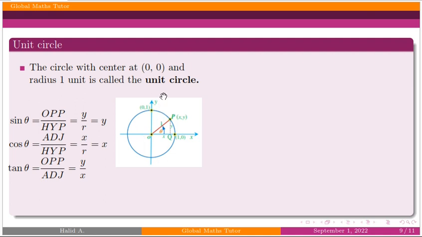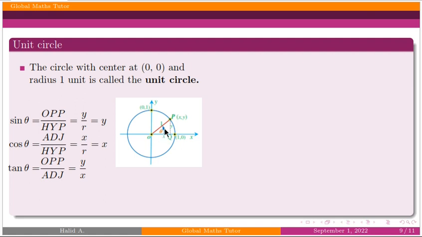We can use the equation of the circle, that is x squared plus y squared equals r squared. But now let's draw a simple right angle triangle from an arbitrary point P on the unit circle having coordinates x and y. For this point it has y length and x length, which is adjacent to theta.